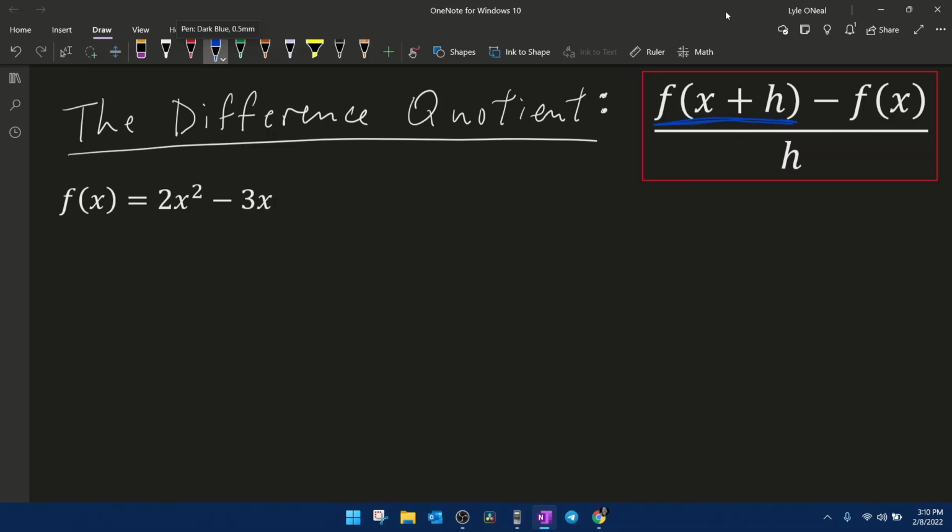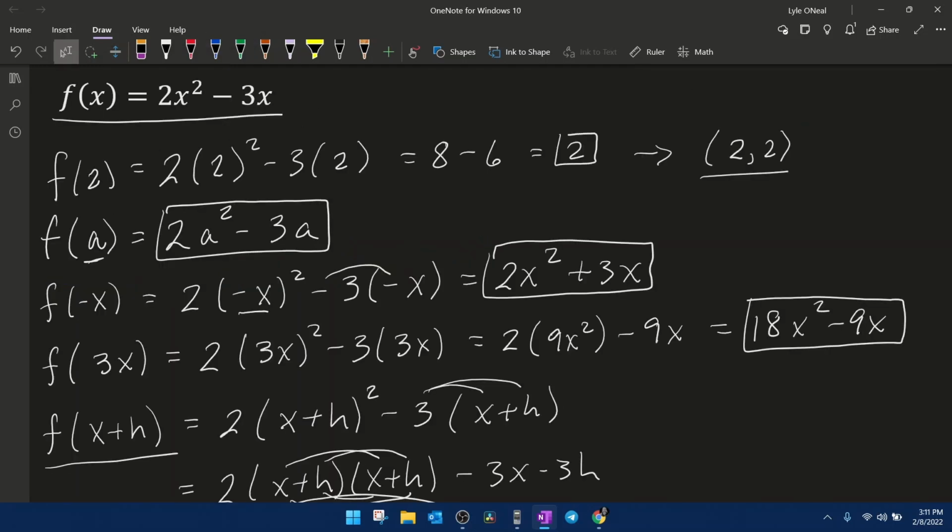In the difference quotient, the first piece of the puzzle that we need to calculate is f of x plus h. I'm going to do that in blue so we can try to color code this. To find f of x plus h, we're going to replace every x with x plus h. If you've been watching this video, you will know that we've already calculated this. Previously in the lesson, we looked at the function f of x equals 2x squared minus 3x.